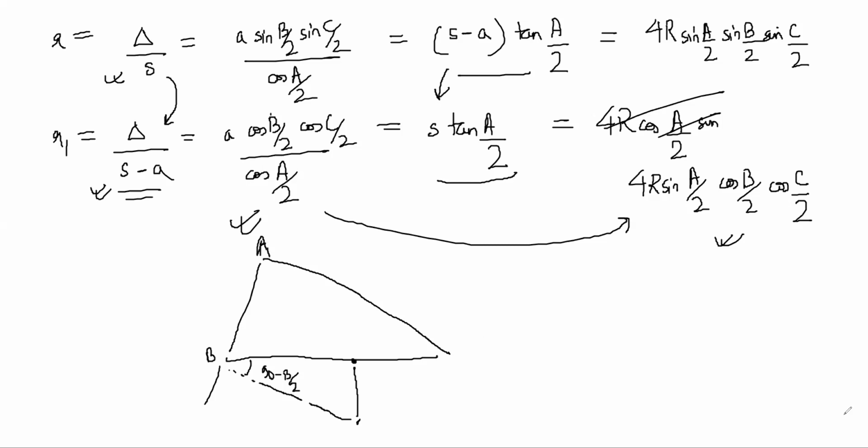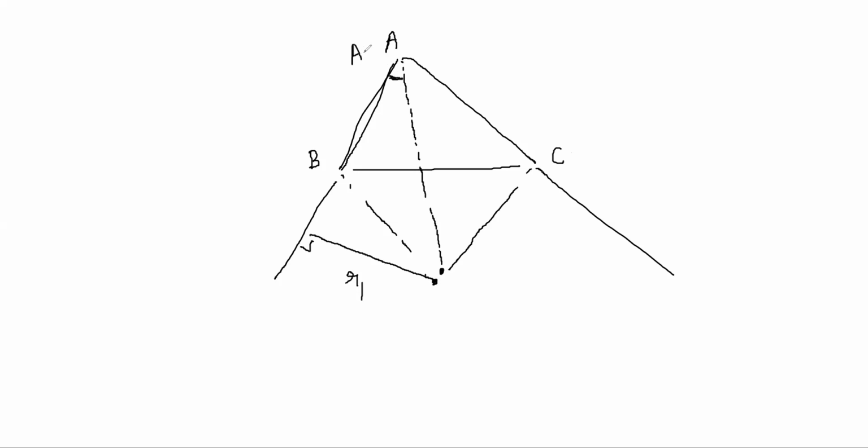Wait. So let's draw a proper figure. Like this, and the internal angle bisector was meeting at this point, let's say this point is your I1, right? So drop a perpendicular like this. This distance is R1, no? And look at A, B, C. I needed a formula in terms of tan(A/2), no? So this A/2 is this, right?